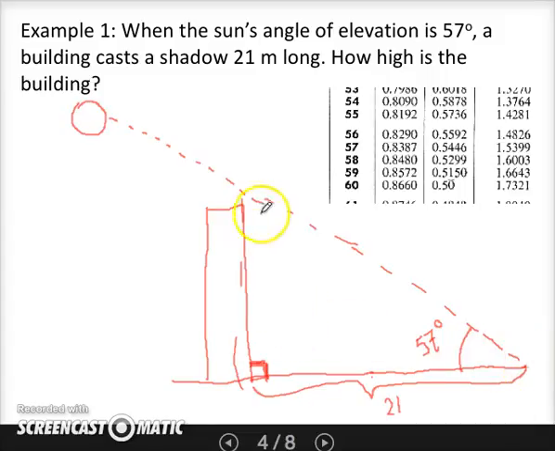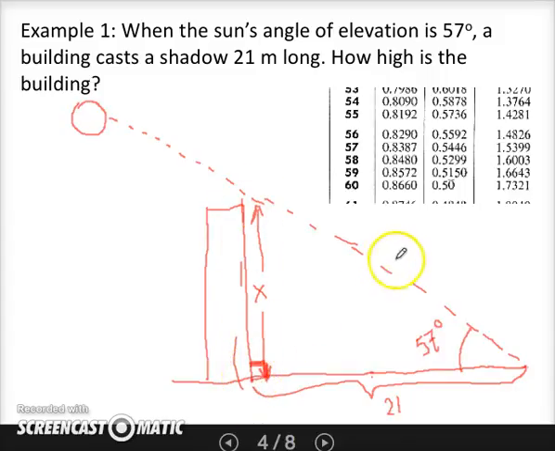We're interested in how high the building is. So I'm going to put my X here. X is measuring the height of the building. So if we look at this right triangle that we've just formed, and we think about our trigonometric ratios, we have this angle 57 degrees. We know something about one of the legs of the triangle, and we want to know something about the other leg.